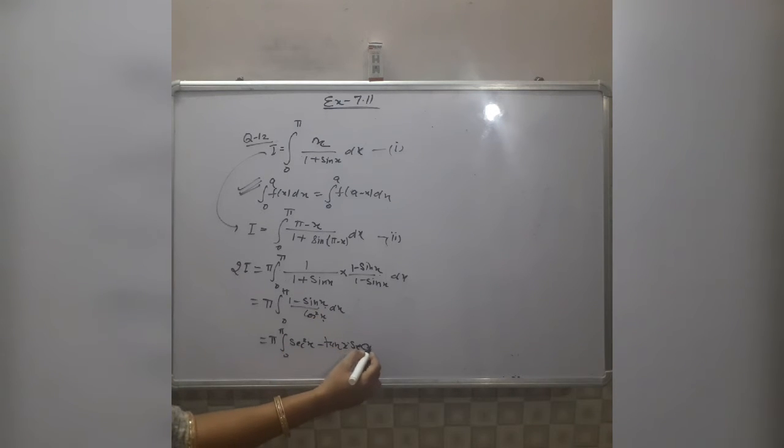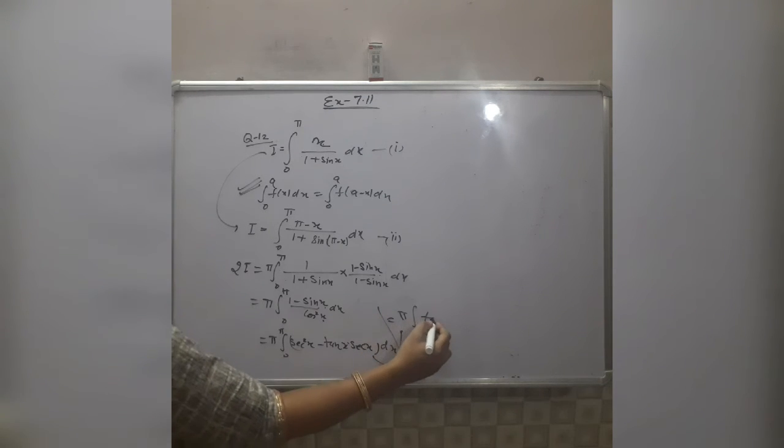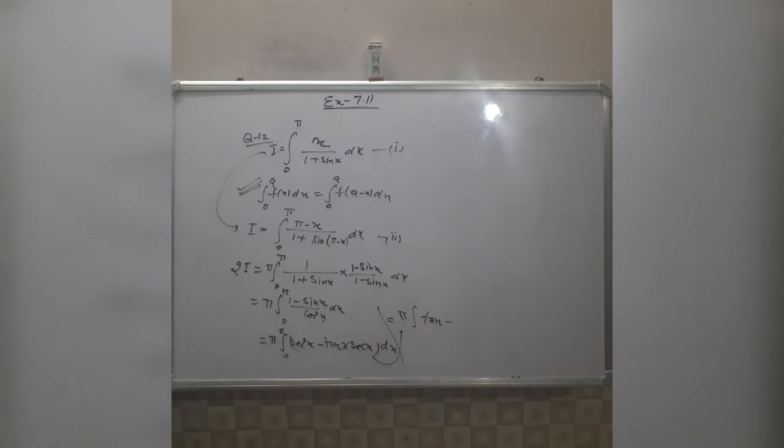So tangent x into secant x, and all of you know that after this step integration of secant square is tangent, and integration of tangent x into secant x is secant.